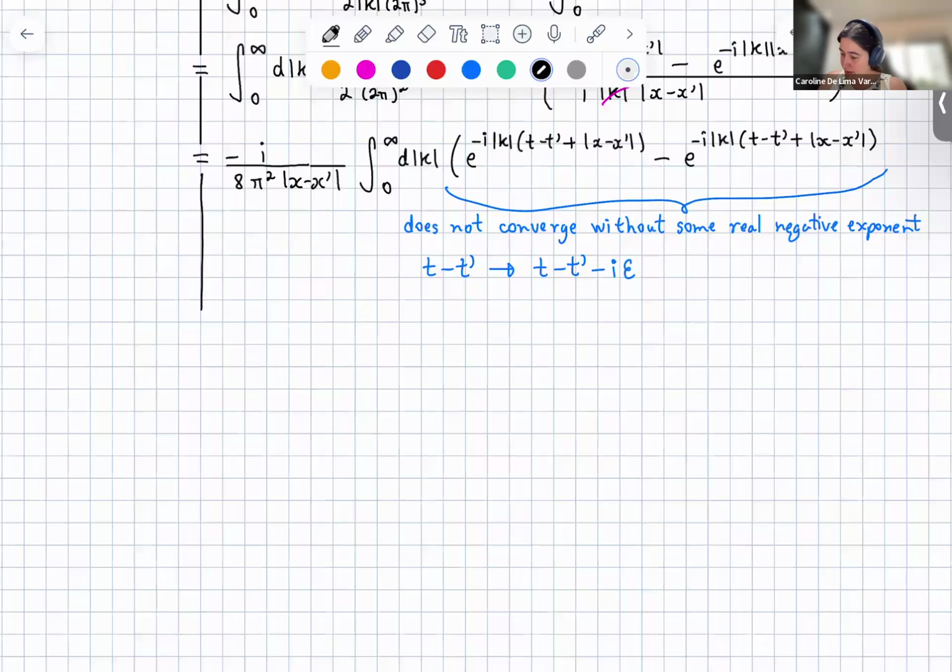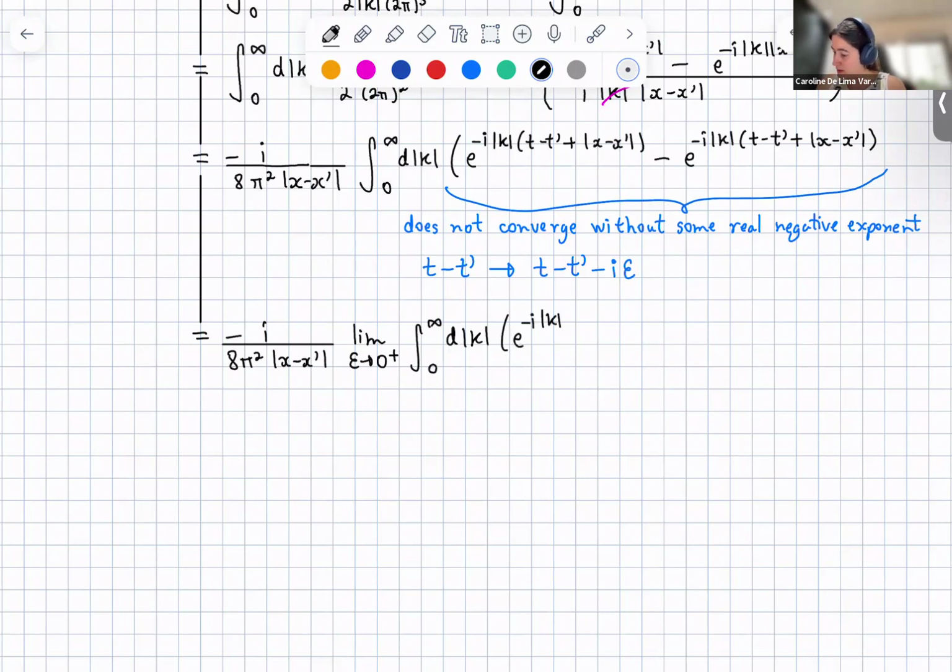So we're going to take now the limit. Well, let me just copy this first part, minus i over 8 pi squared, x minus x prime. And then we're going to take this limit when epsilon goes to 0 from the right of the exponent, the integral from 0 to infinity of dk of the exponent of minus i.